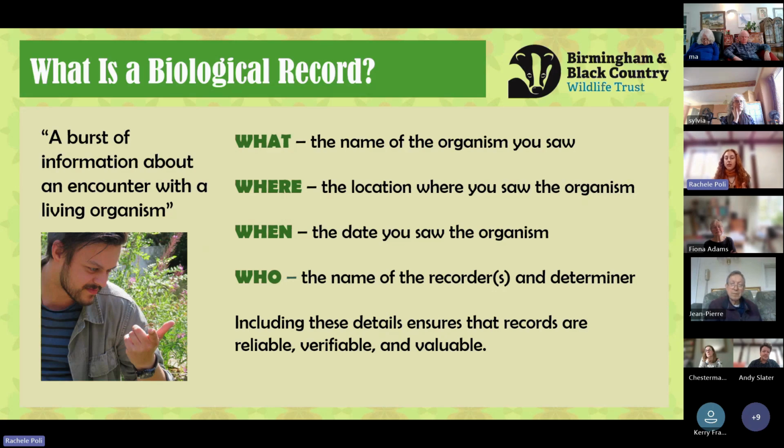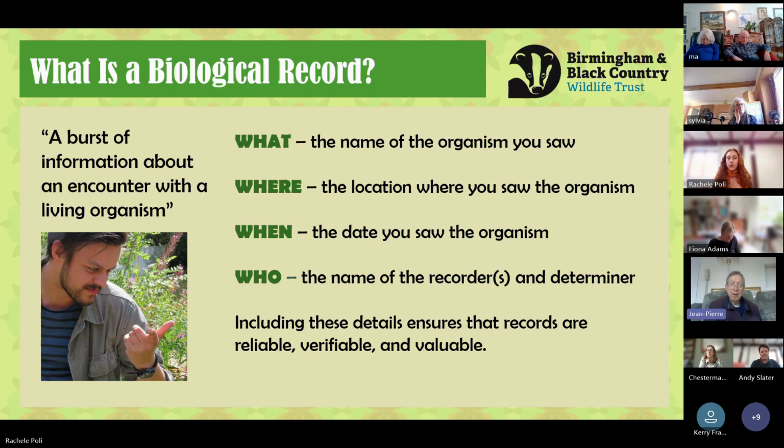When you saw it, it doesn't have to be a specific day and time. It can be as broad as a year, and who is pretty self-explanatory. And having this information makes sure that the records are useful, and without those pieces of information, records are far less reliable.